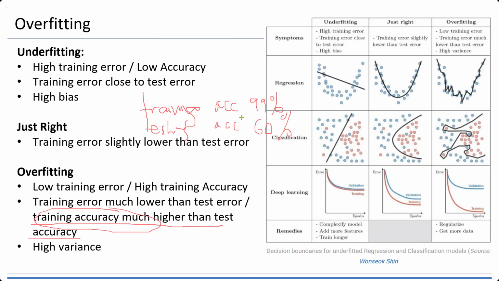It means when we work with the training data, it is good, but when we do the testing, it is bad. This might be overfitting.